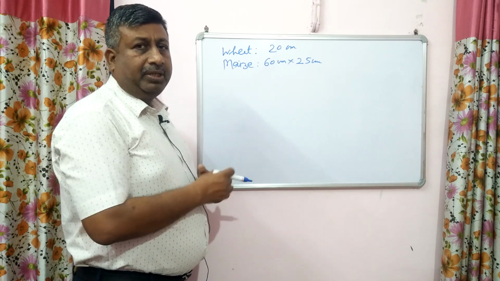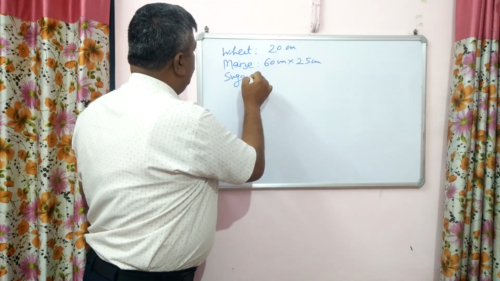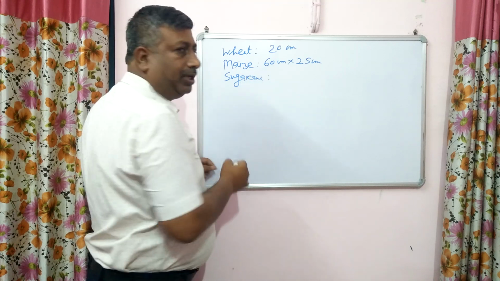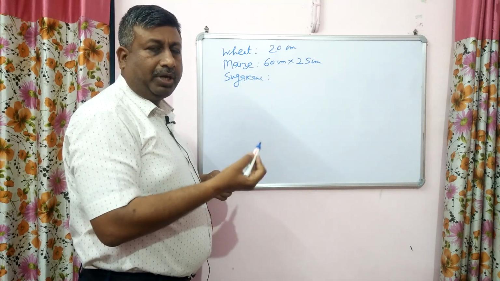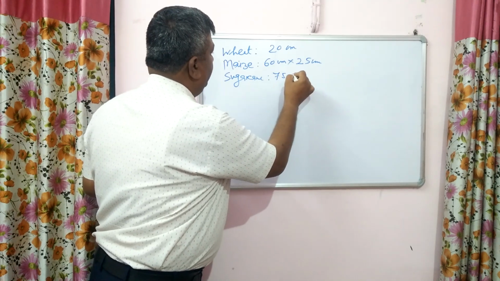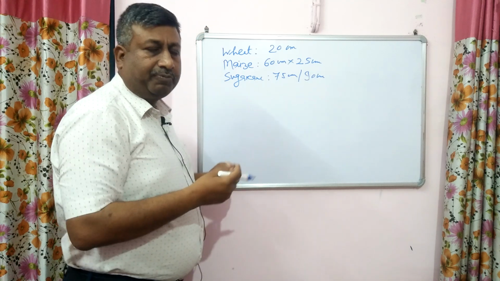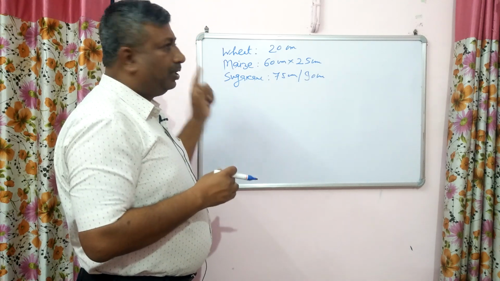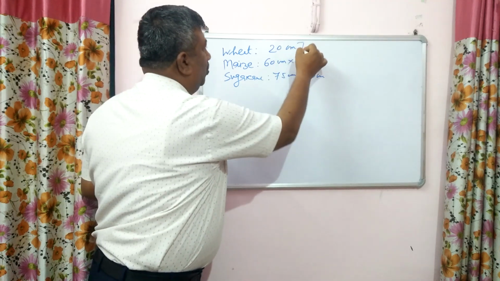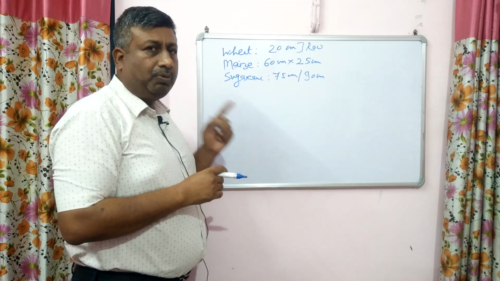Another may be sugarcane, where row to row spacing is given, with no plant to plant spacing, and the spacing may be 75 centimeter or 90 centimeter. So in general there are two types of crop: one where we maintain only row to row spacing, and another where we maintain row to row as well as plant to plant spacing.